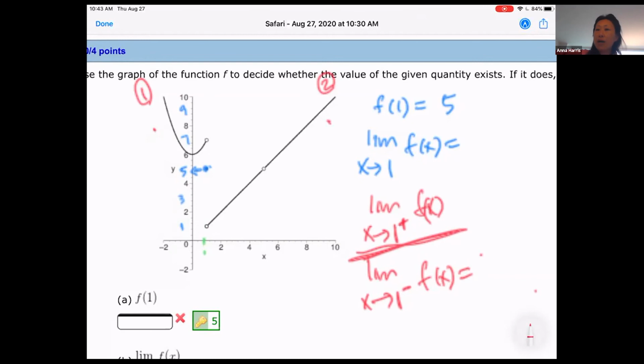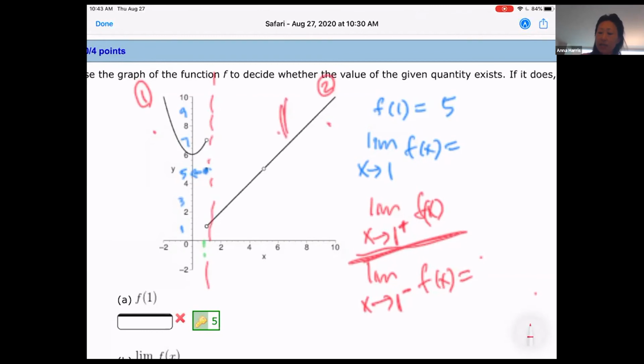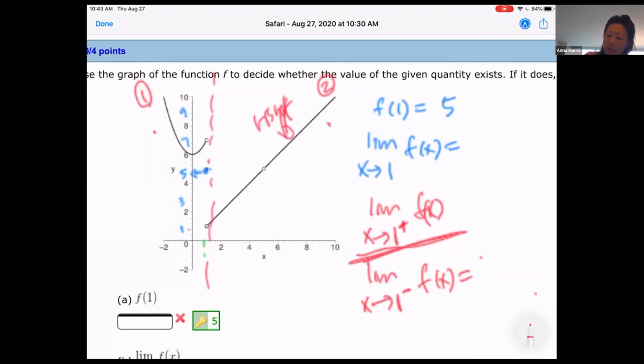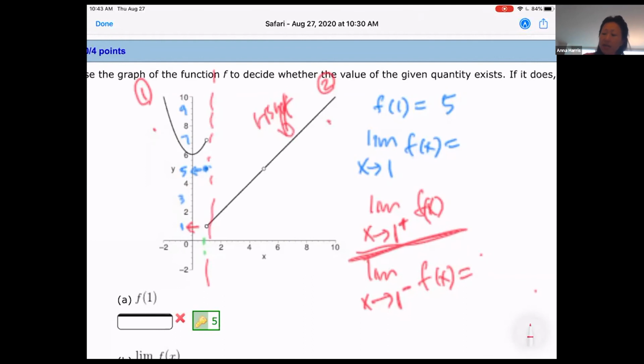From the right means what? You draw yourself a line. Which one is right? This is right, isn't it? So that's my right-hand side. So where does the right graph approach to? Everybody agree that it approaches 1? Okay. What about the limit approaching from the left-hand side?